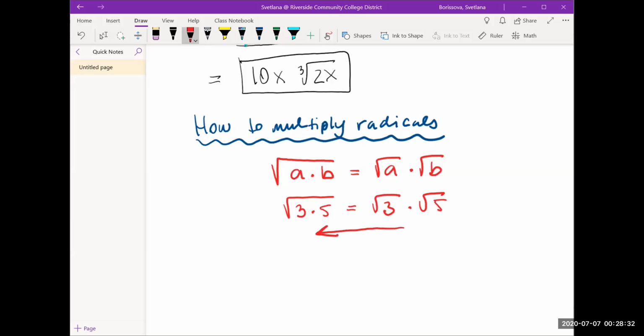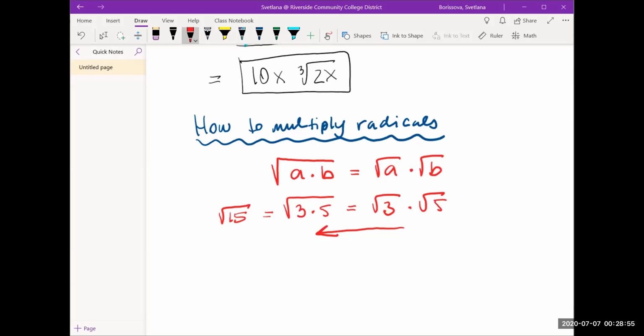So if I have square root of 3 times square root of 5, what I can do is combine them together under the same square root and then multiply. If I go in this direction as the arrow shows, then I can even finish this and say, well, that is square root of 15. So that's the idea. And that means that we can multiply any two radicals.